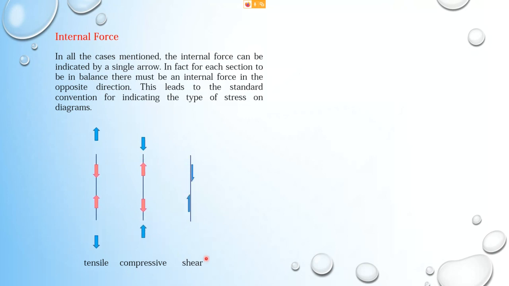And this represents shear, where you can see these 2 forces are sliding over each other in opposite directions. Shear, compressive, and tensile. Any tensile force or tensile stress, by nature, we consider as positive. Compressive, by nature, we consider as negative. Okay?